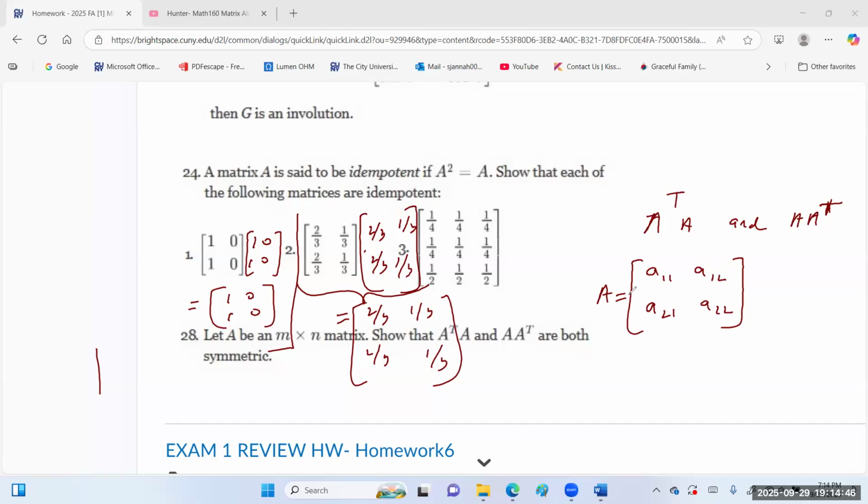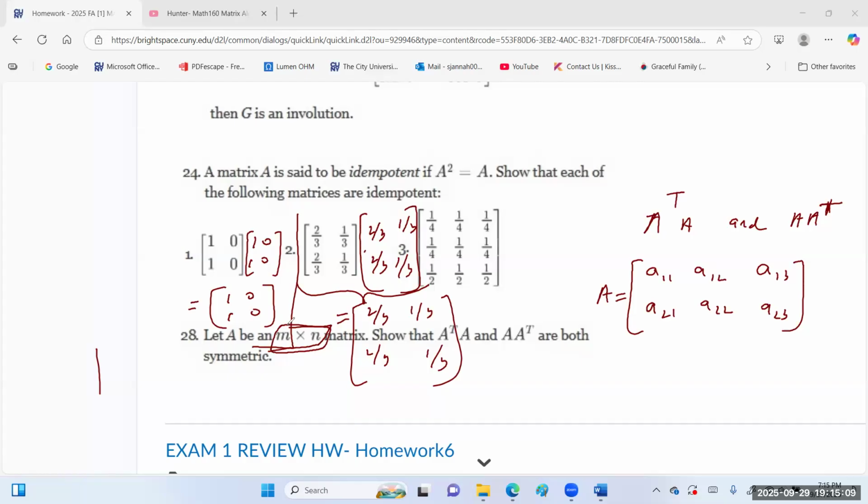Oh, it says M by N. So I had to change my size. So let's say 2 rows and 3 columns. They are not telling us to use a square matrix. They're saying use a non-square matrix.